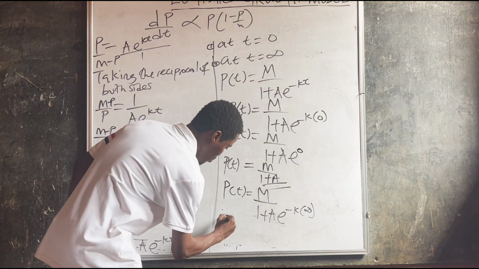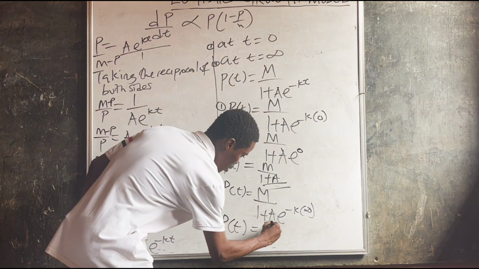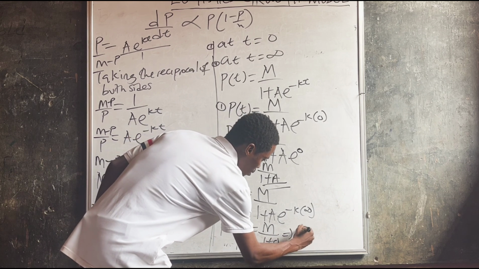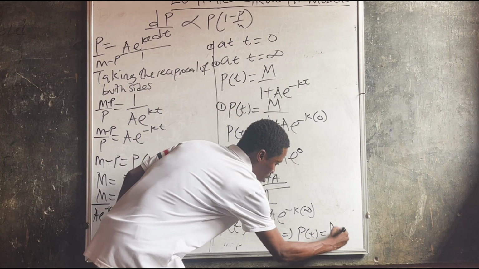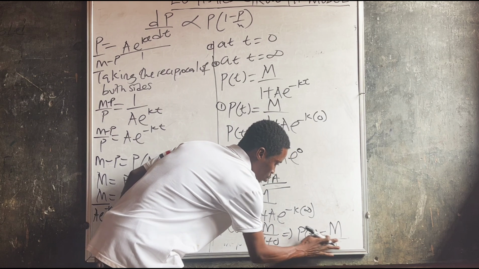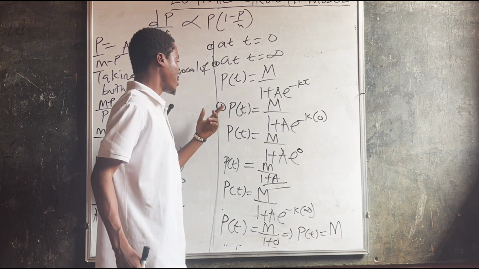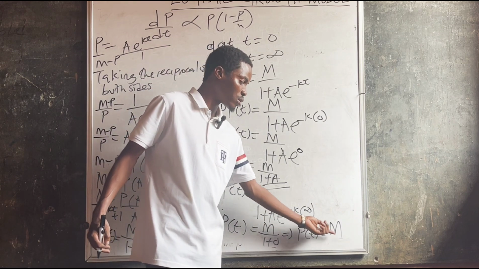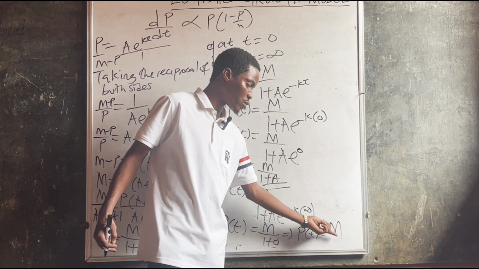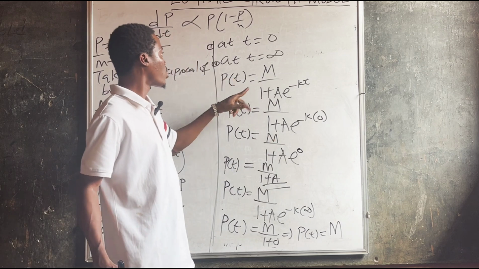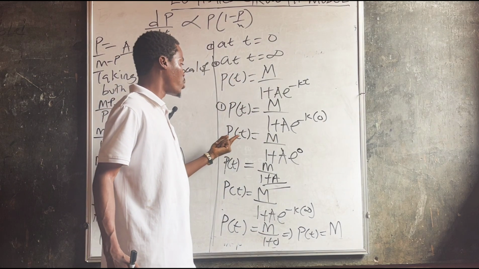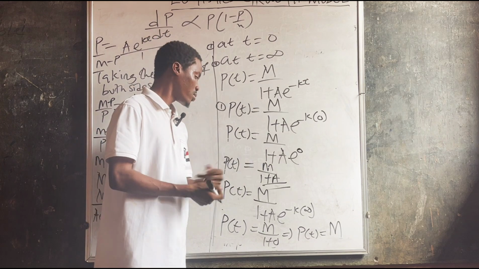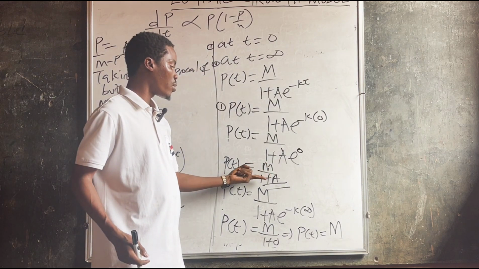So P of t is equal to m all over 1 plus 0, which is m over 1, which is m. So at t equal to infinity, the population is m. At t equal to 0, the population is m over 1 plus a exponential 0, which gives m over 1 plus a.